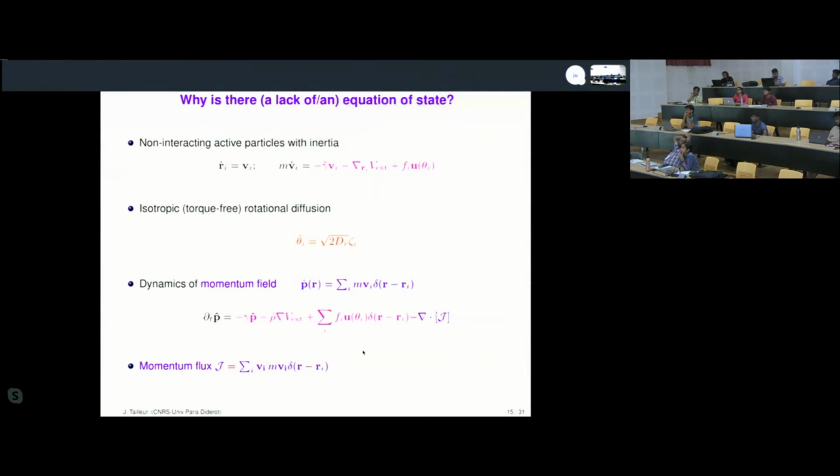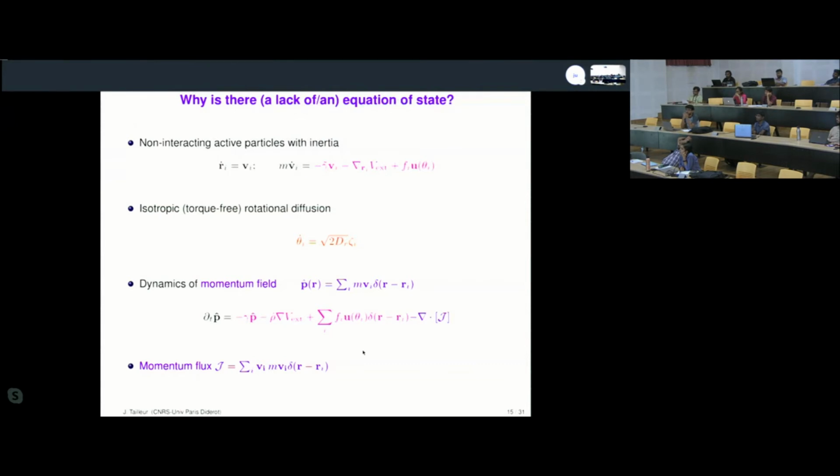Now I can compute the dynamics of this using my equation of motion. If you look at P(r) in blue, in this expression there are two quantities which depend on time, v_i and r_i. So when I take the time derivative of P, I get a first term which is due to taking the derivative of m v_i.